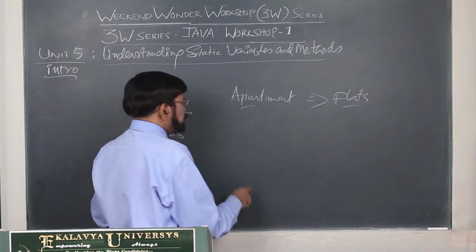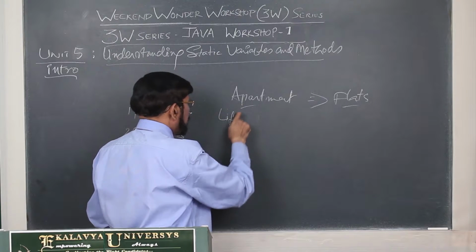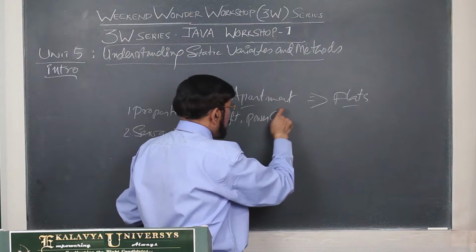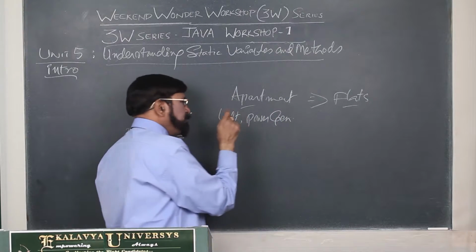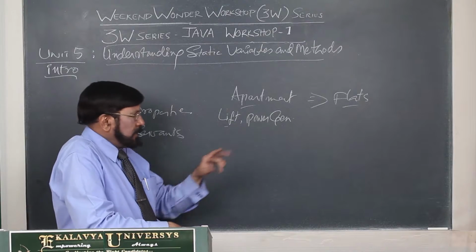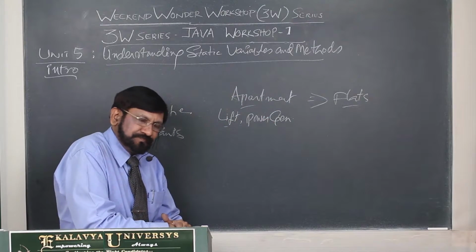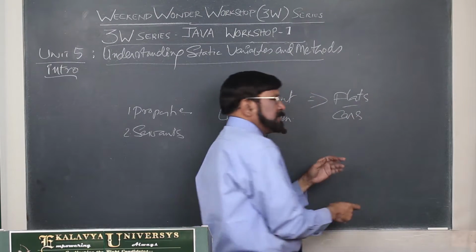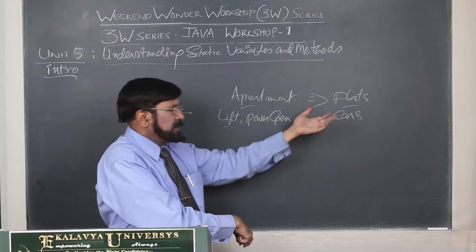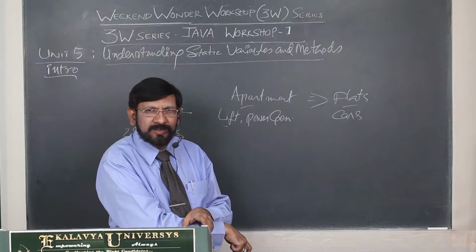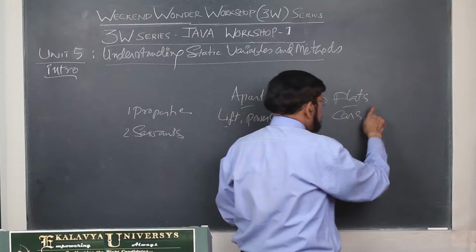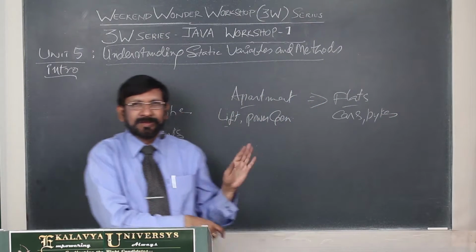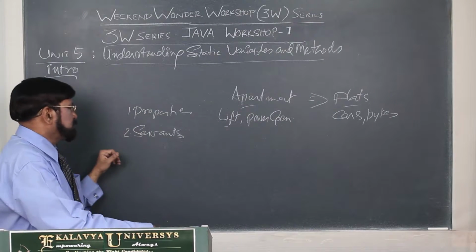For example, lift and power generator are the properties of the apartment, and cars. Some flat owners have cars or other vehicles like bikes. Cars, bikes, etc. belong to individual flats. This is the classification of the properties.